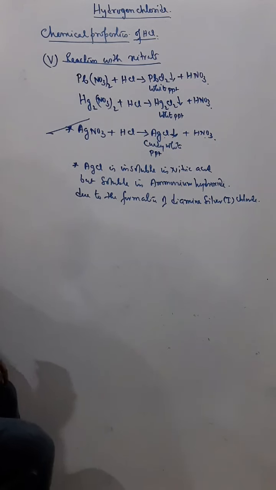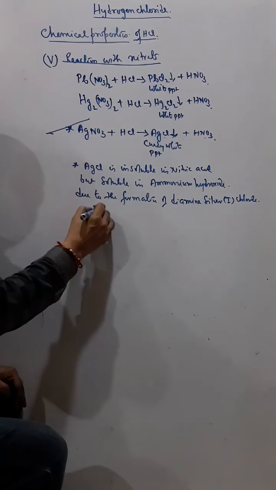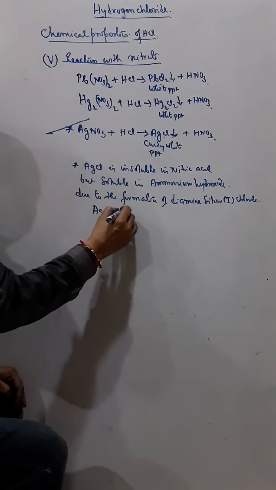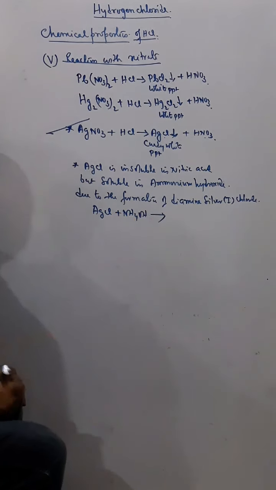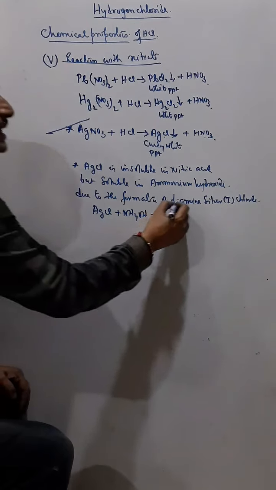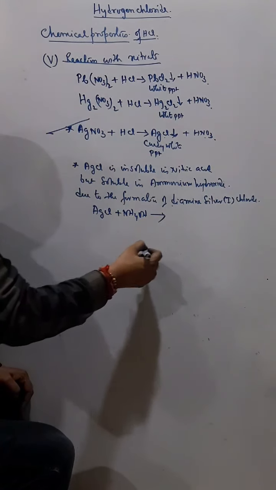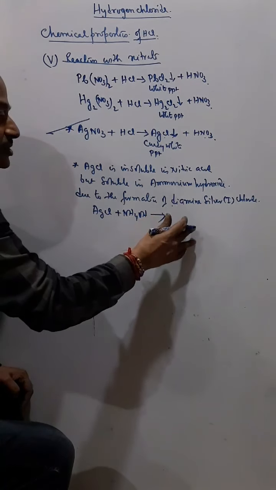So it becomes soluble. So when I add ammonium hydroxide solution to this curdy white precipitate, we get diamine silver 1 chloride. So it's a complex salt.